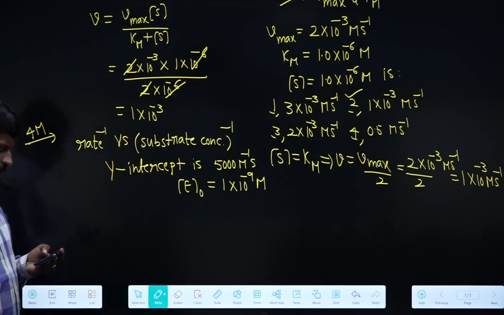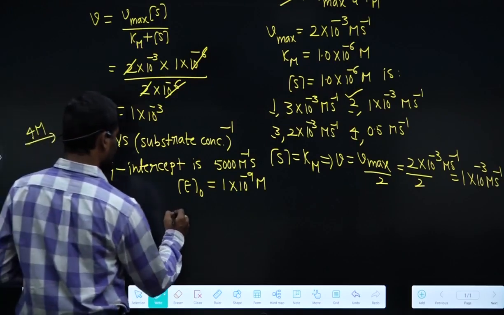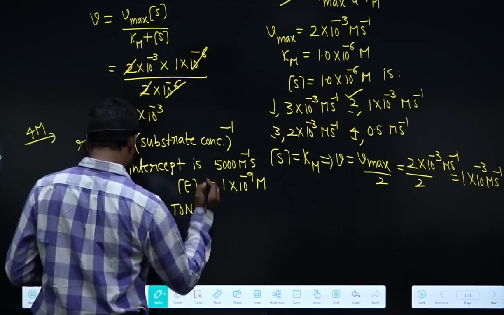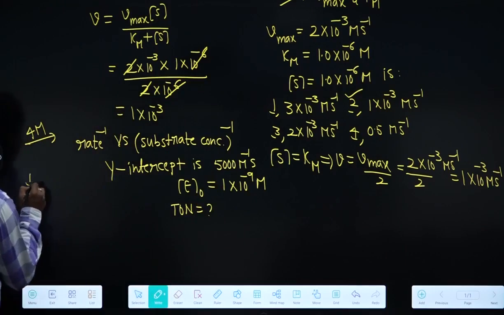The turnover number is... direct question and options.